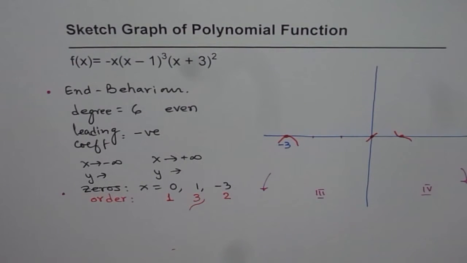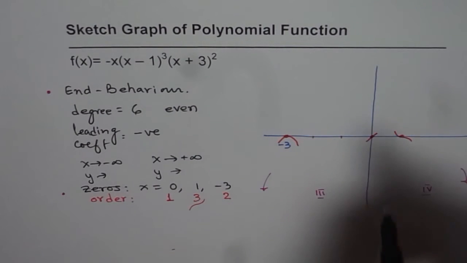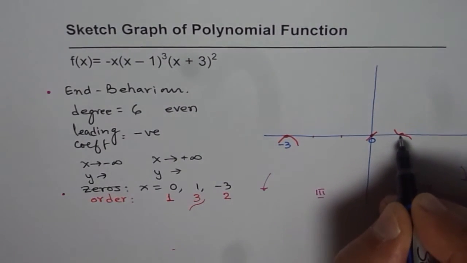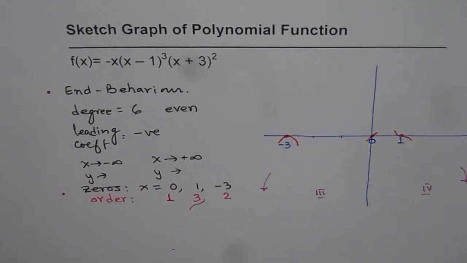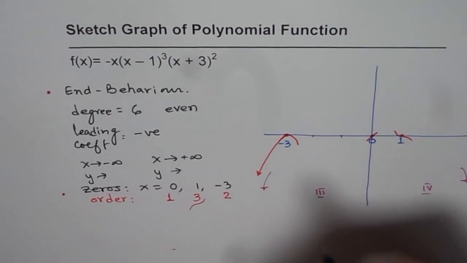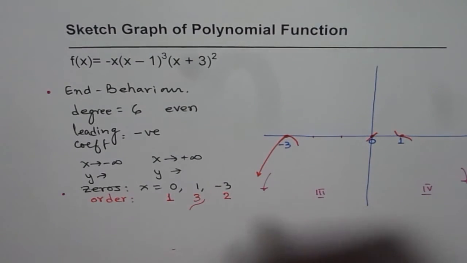What we know here is we have these three zeros: one at minus 3, another at 0, and then one at 1. The y-intercept for us is at the origin itself. Combining these points with a smooth curve should give us the sketch of the graph of the polynomial function we are looking for. So let's do it. We'll extend these things, going towards minus infinity.